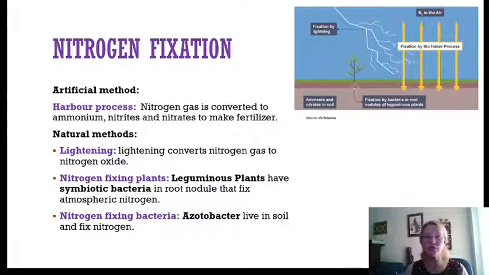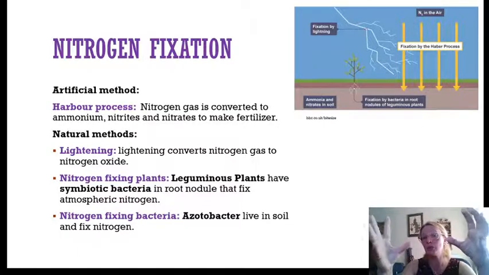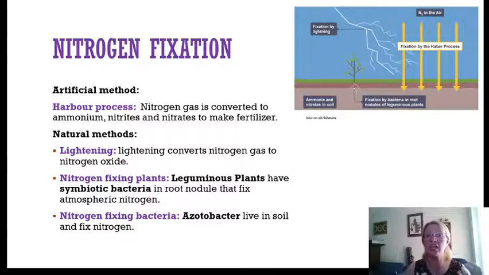So I'm going to start off with nitrogen fixation. We've got 70% nitrogen in our atmosphere, but as nitrogen gas, it's not usable by organisms. So those organisms then need to fix it so that it's in a usable form, so that they can use it for things like building amino acids to make proteins.